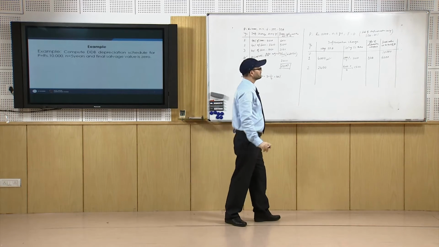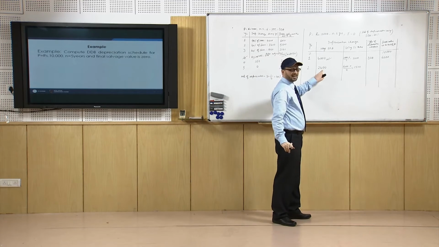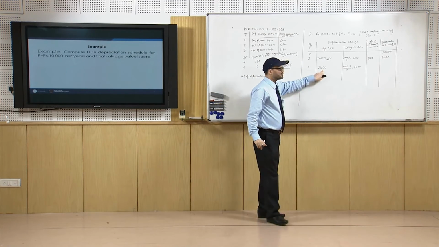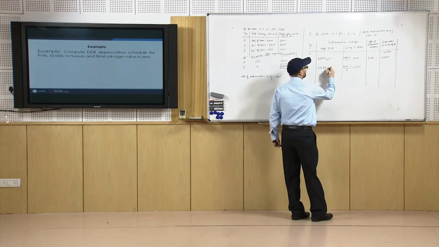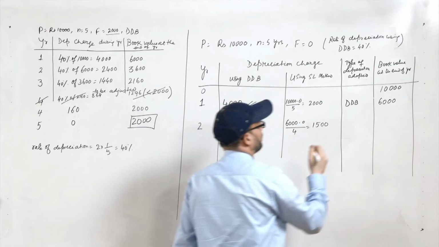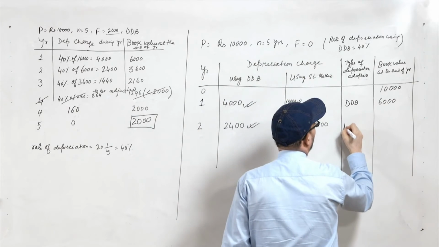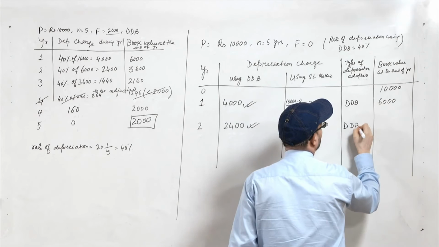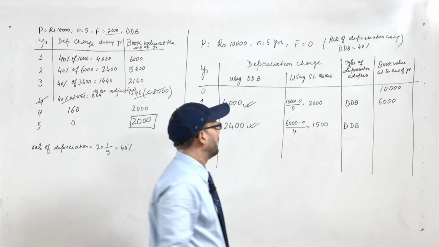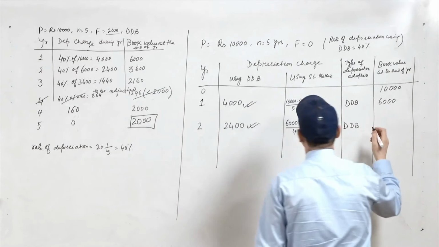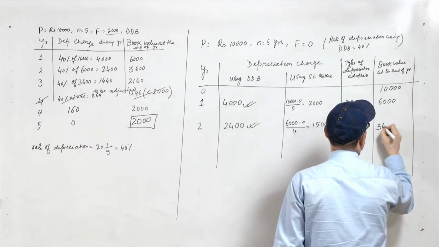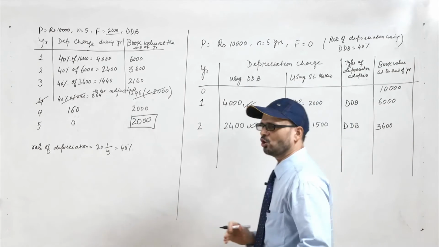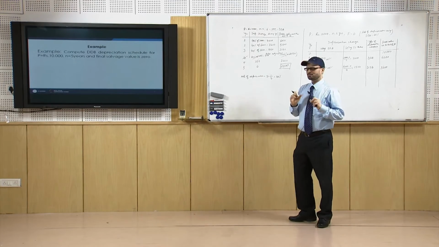What we see is that still the amount of depreciation calculated using the DDB is larger, and that is why we still go for the double declining balance method of depreciation, and the book value at the end of year 2 will be 3,600. So, there is no need of switching at present.